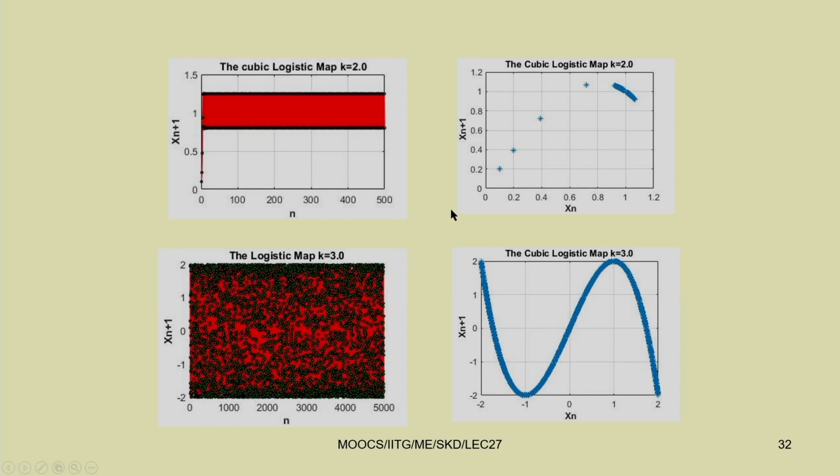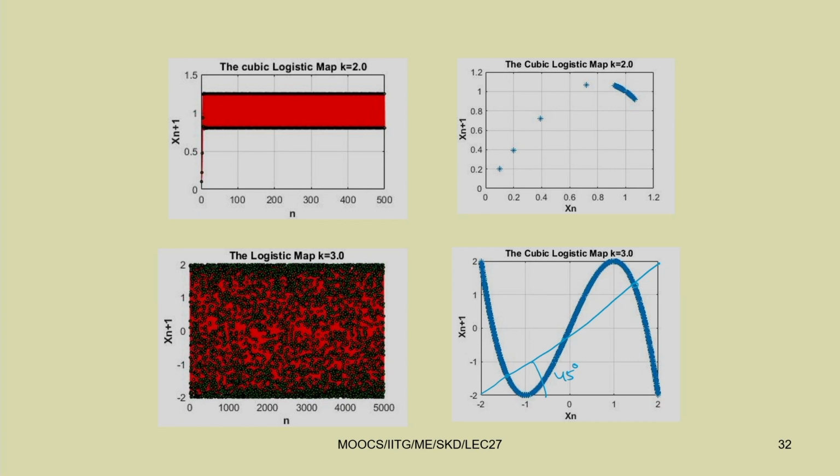To find the fixed point response, you can draw a line at an angle of 45 degrees. You can see it is cutting the curve. These are the fixed points: 3 fixed points, so period 3 you are getting.